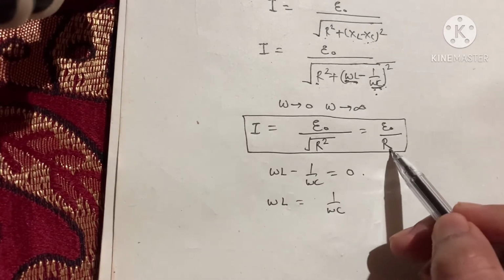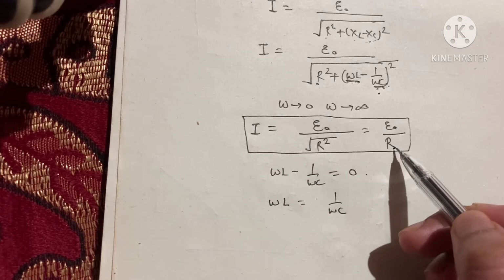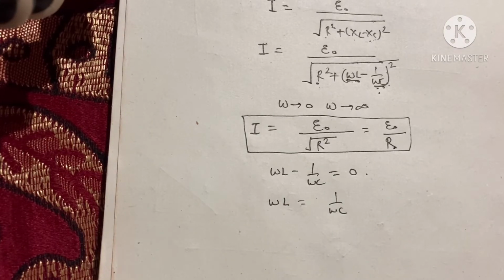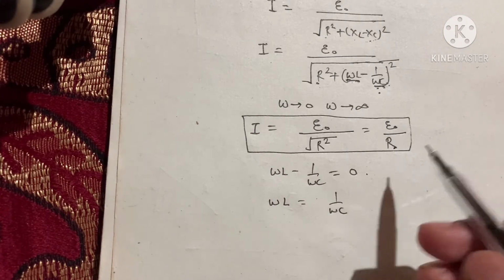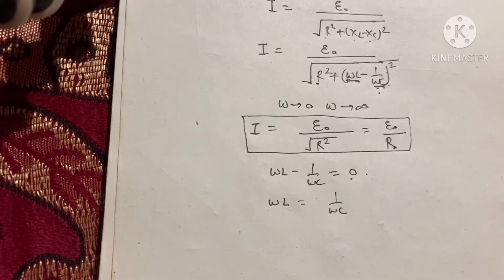Purely resistive doesn't mean only a resistor. Sometimes there is one particular value for the inductor and capacitor for which you get this condition, and that circuit is called purely resistive.